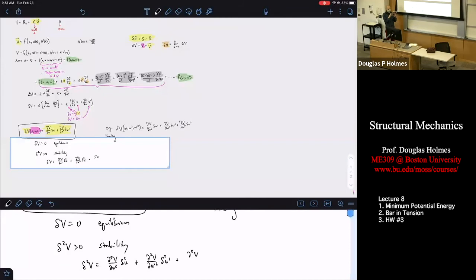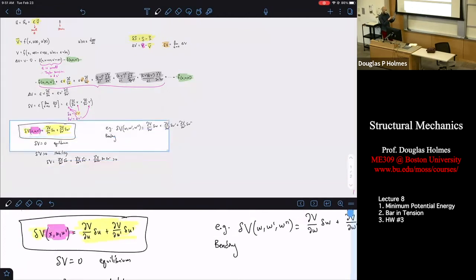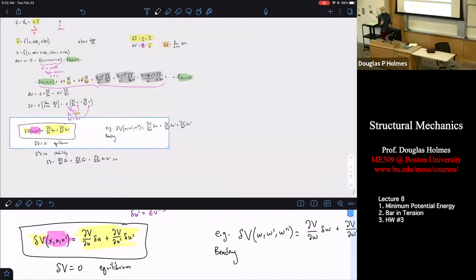So it'll be second derivative of v with respect to u and u prime times delta u prime. Yeah, I didn't really do anything. I just said take the derivative with respect to the independent variables. But yeah, the important thing is the thing in the box.